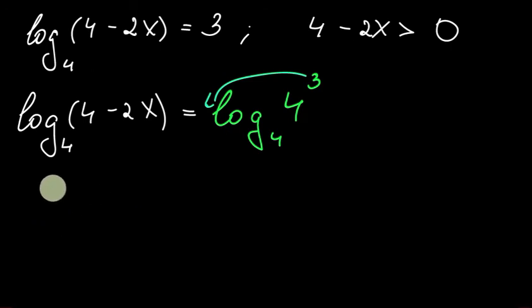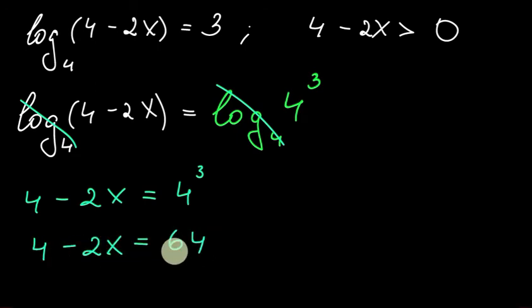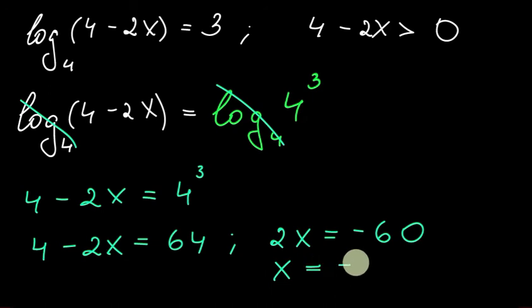So now we can simply cancel these logarithms, and we get that 4 minus 2x is equal to 4 to the third power. 4 to the third power is equal to 64, if I'm not mistaken. Now let's move this 2x to one side and 64 to the other, and we get that 2x is equal to minus 60 and x is equal to minus 30.